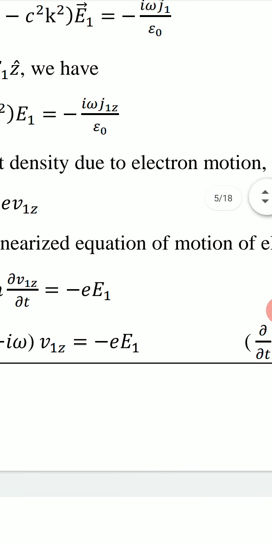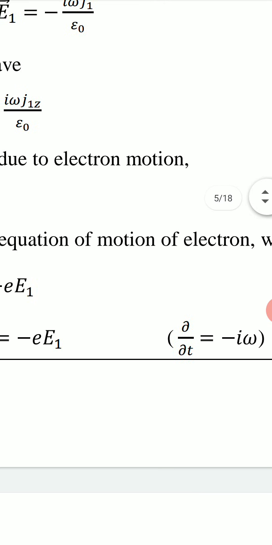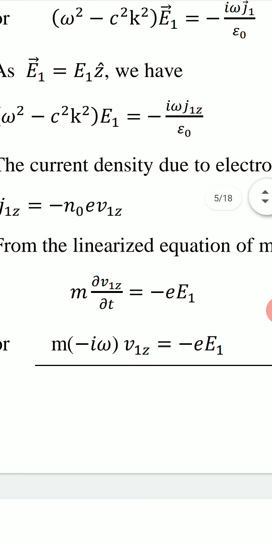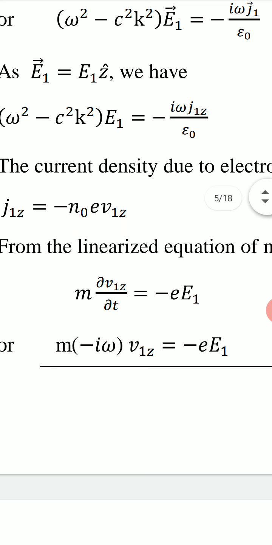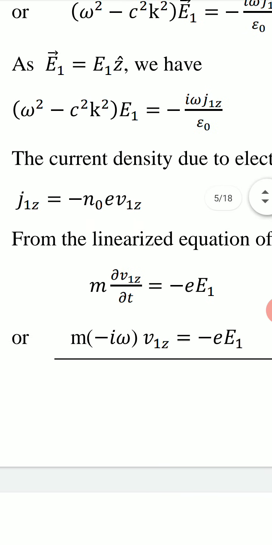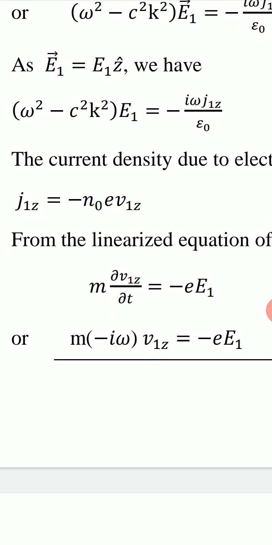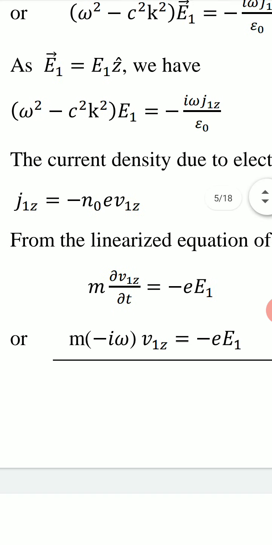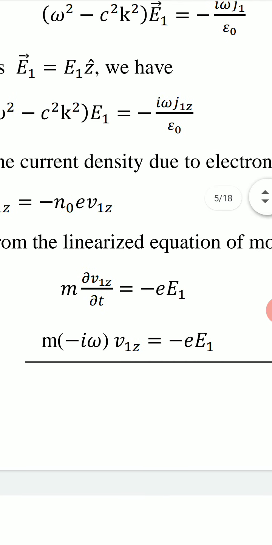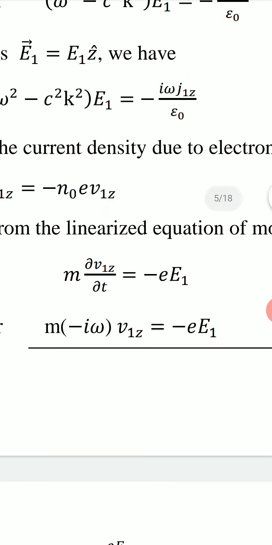From the linearized equation of motion of electron, we have, this is the equation of motion of electron. Force on electron is equal to mass into acceleration, and acceleration we write as delta V upon delta t, and we write V1z because we want to find V1z so that we can find the value of J1z. So z component of acceleration is delta V1z upon delta t.